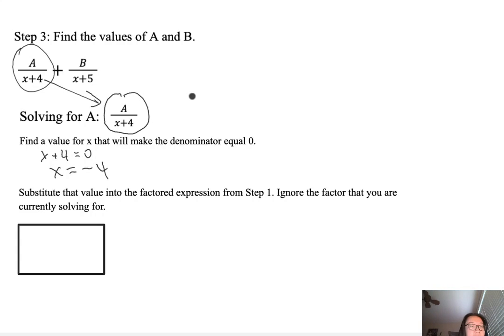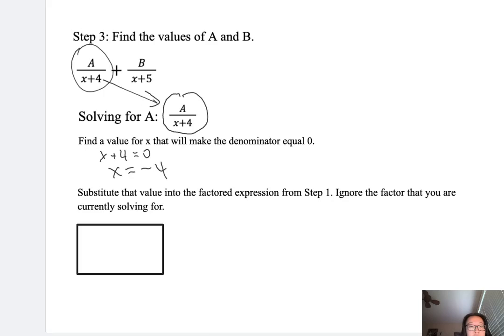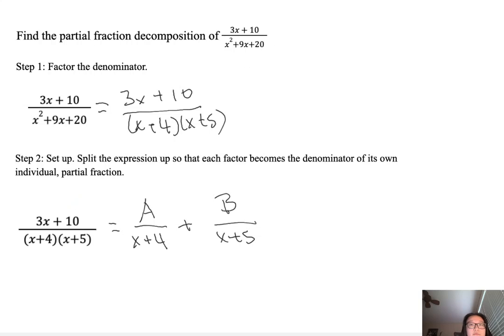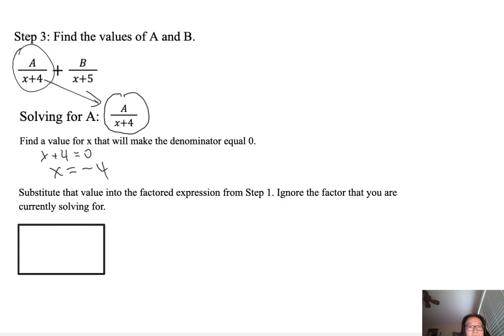Now, our next step is to substitute this value into the factored expression from step 1, which is this expression right here. It's important that we ignore the factor that we are currently solving for. x plus 4 is the original factor in our new partial fraction.